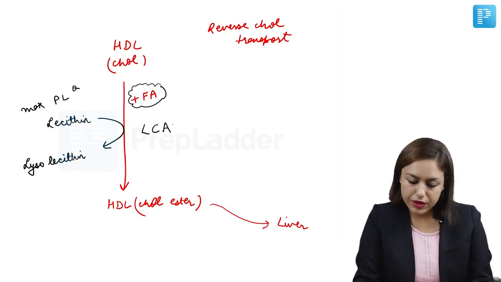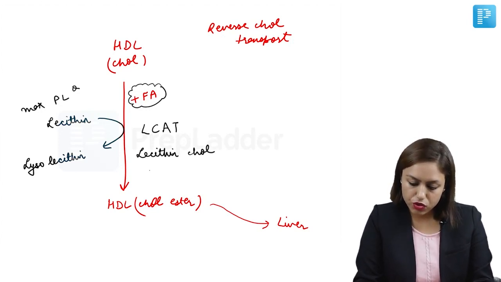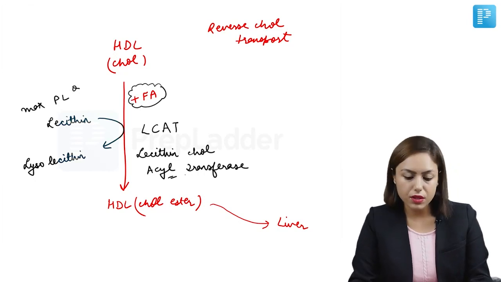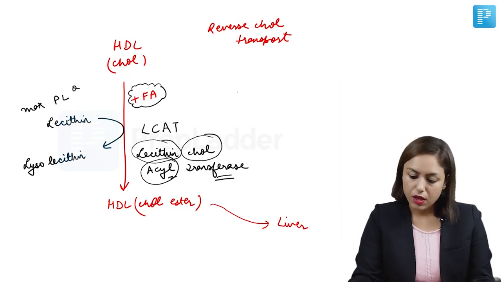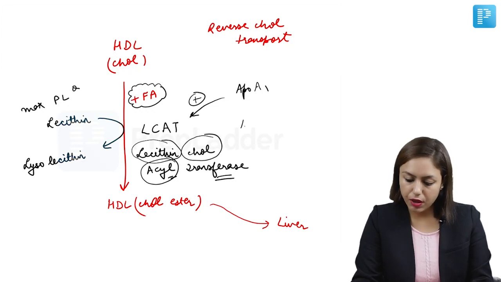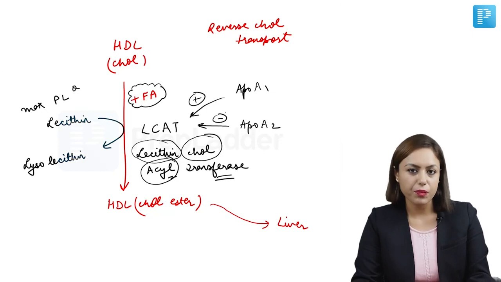So name of enzyme is LCAT. That is lecithin cholesterol acyl transferase. Acyl means fatty acid. So fatty acid is getting transferred from lecithin to cholesterol, right? Now ApoA1 is the activator of this enzyme and ApoA2 is the inhibitor of this enzyme, right?